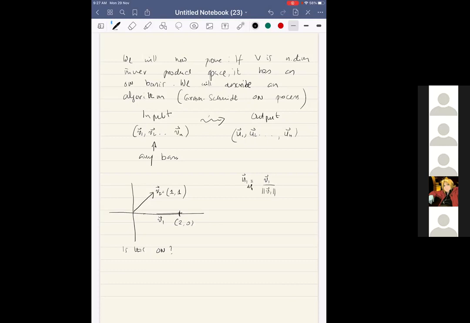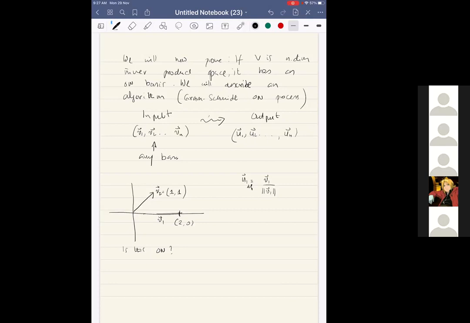Now, why is the length non-zero? Why can I do this division? Because it is an element of a basis, so it cannot be 0. And if I have a non-zero vector, its length cannot be 0 according to the axioms of an inner product. So what I have done so far is legitimate. So I've got myself U1.